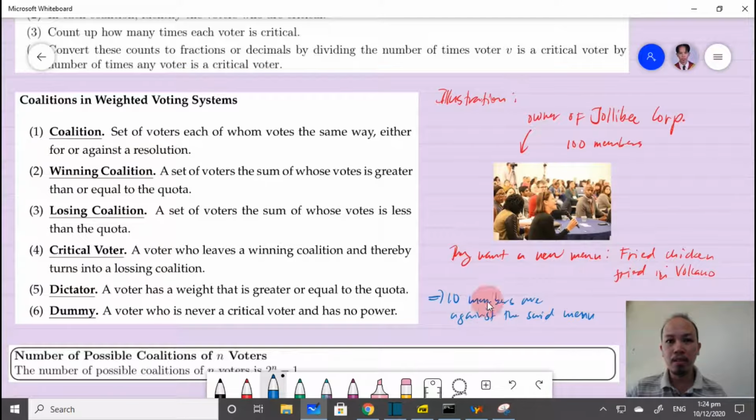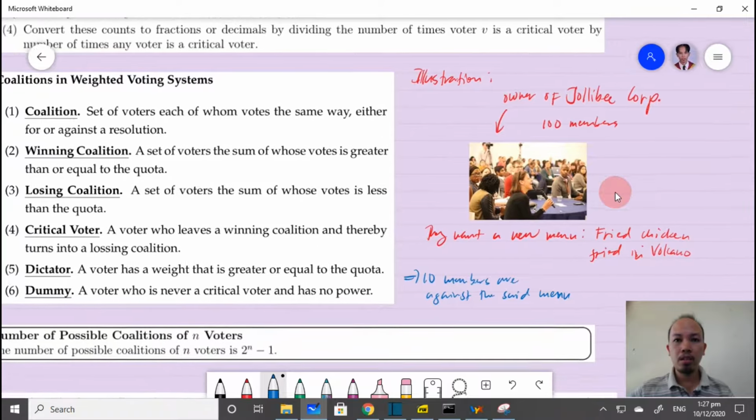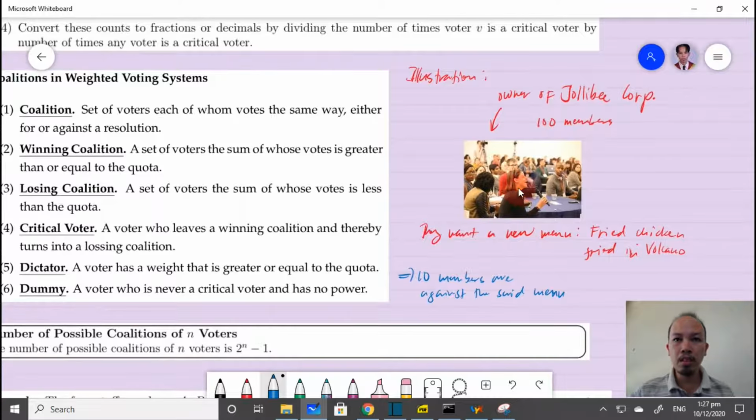And there are many other coalitions that can be generated using 100 members. You can form 20 members in a given coalition, or maybe 30 members against the said menu. It depends. And maybe this person here belongs to this coalition.